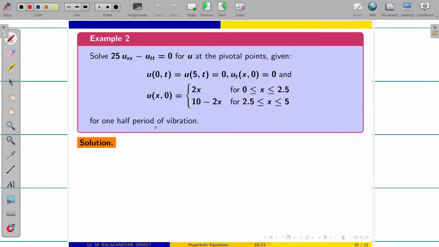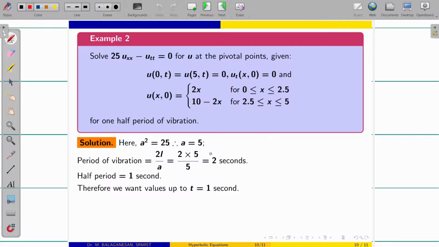Clear? So for the period of vibration, you should know the formula that I will give you here. First to find a square, a equal to 5, then k equal to, what is the formula? k equal to h by a. What is the value of h? Did they specify anything? Where is it varying from where to where? 0 to 5. It is going to vary, so they have to mention that value.